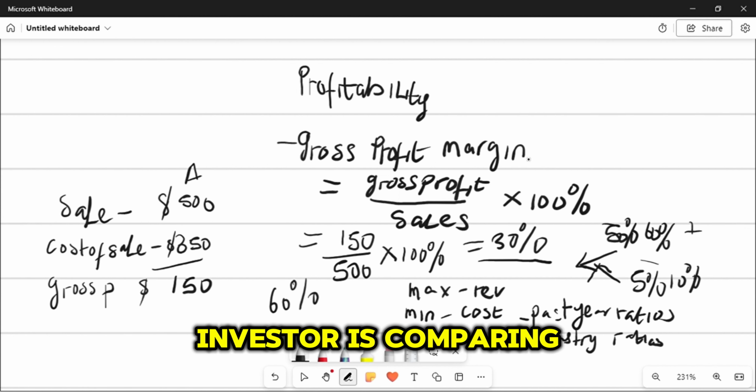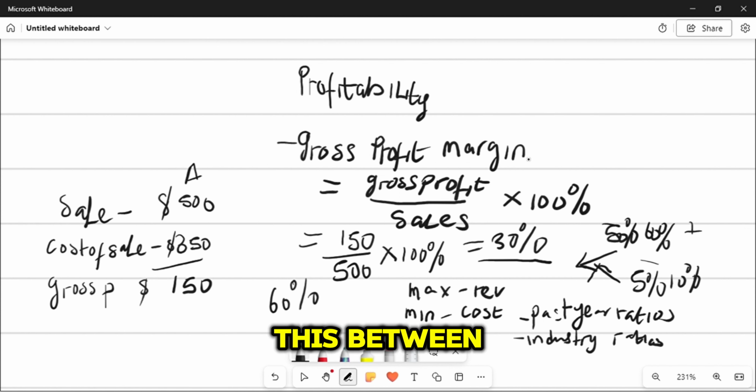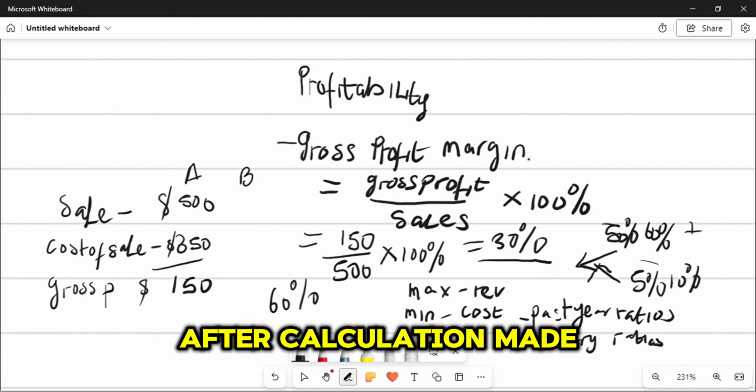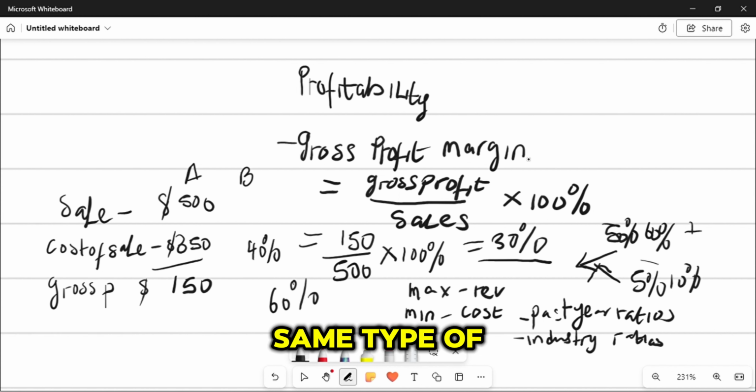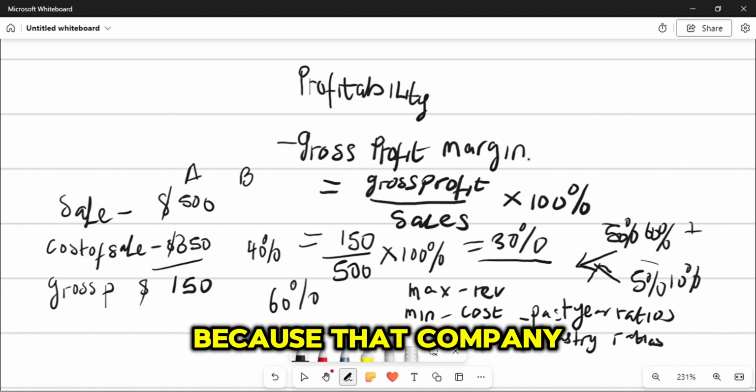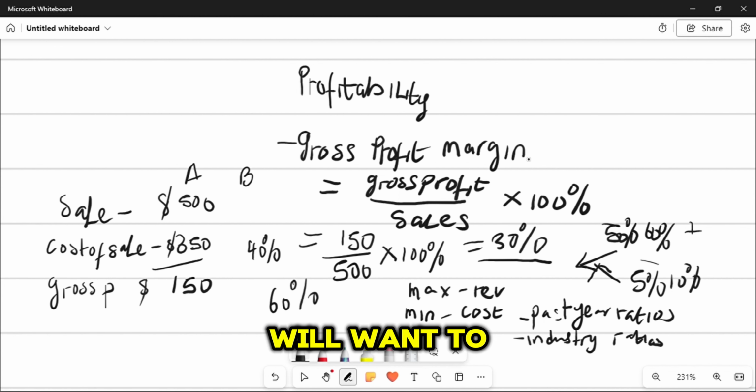And then if an investor is comparing company A and company B in the industry, and company B after calculation made a profit of maybe 40%, you can see that company A is not doing as well as company B. For instance, if they are the same type of company, producing the same things, we can see that company B is doing better, so the investor will want to invest in company B. So ratio analysis is not just done on absolute value, right?